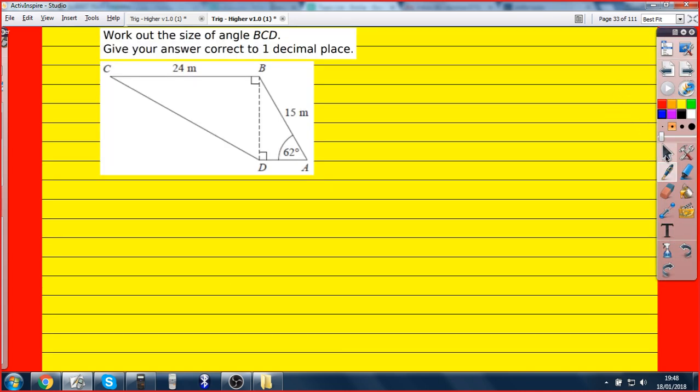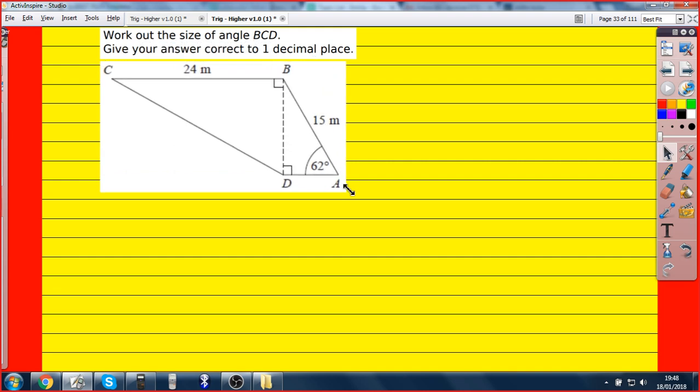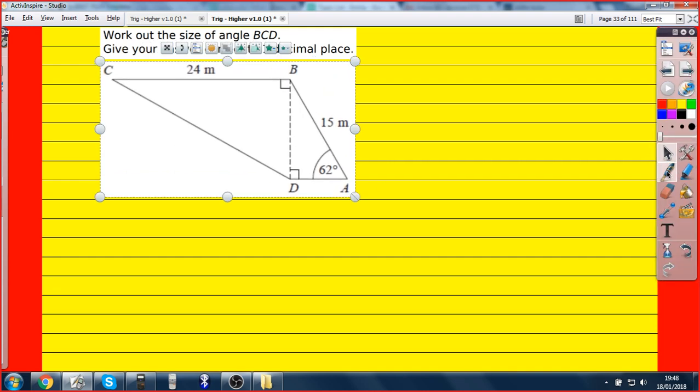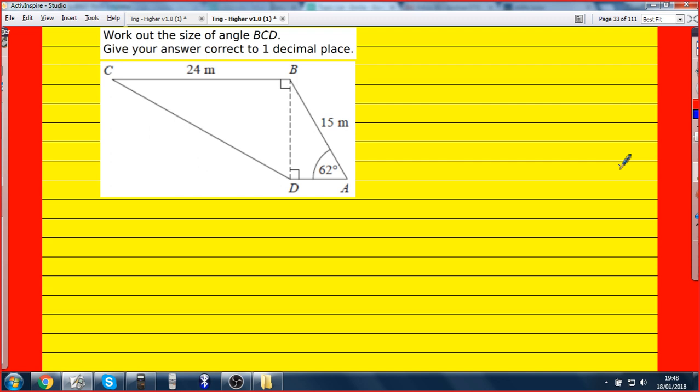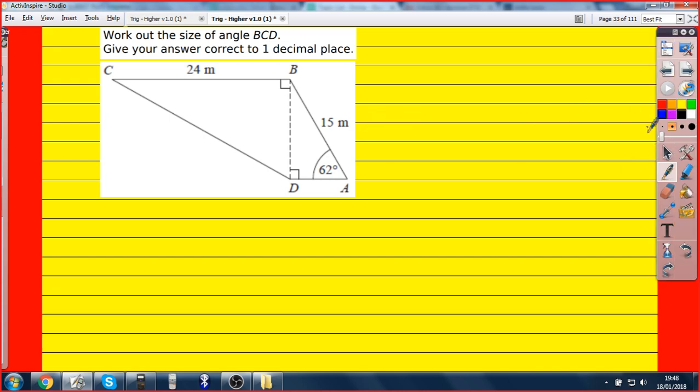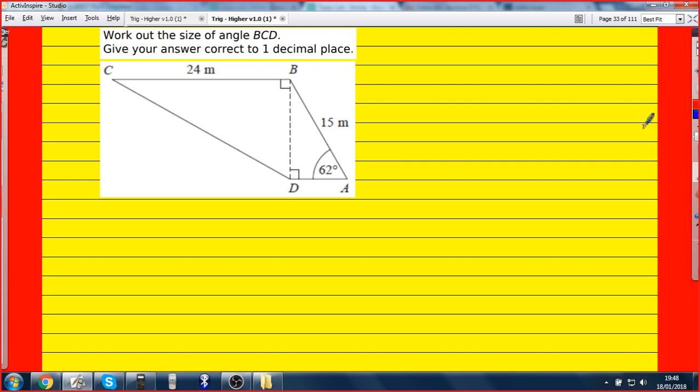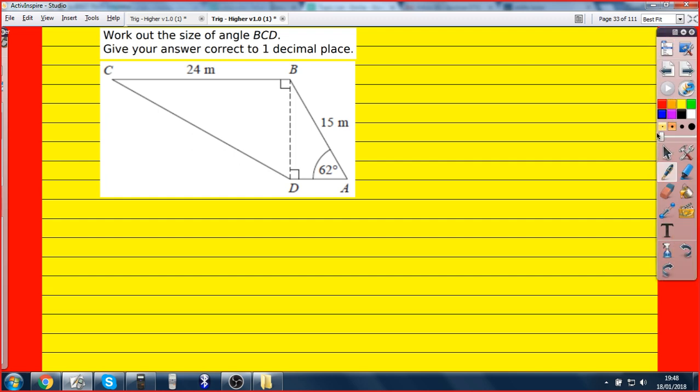Okay, 5-mark question. Work out the size of angle BCD. Okay, BCD. So it's at that point, isn't it? So where C is there.